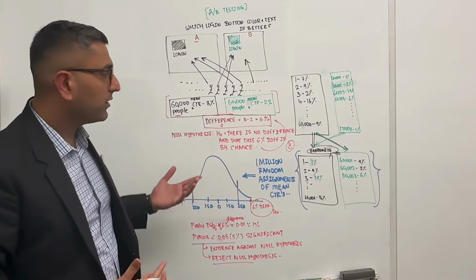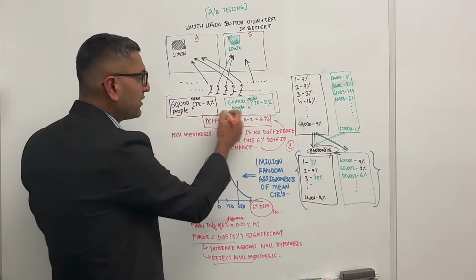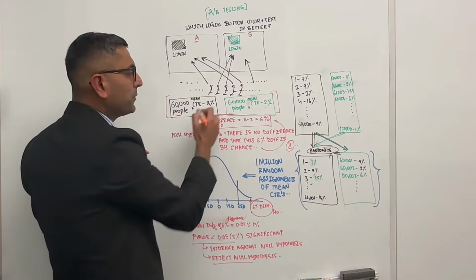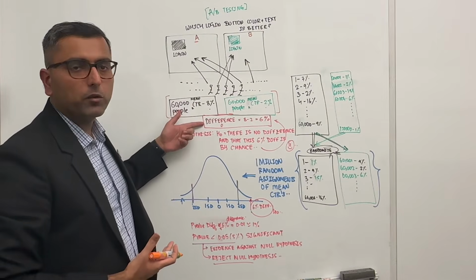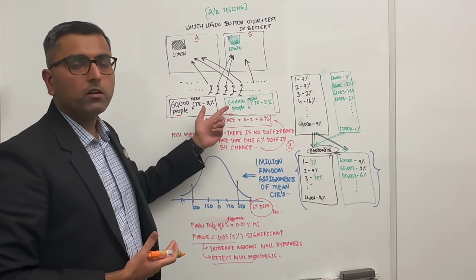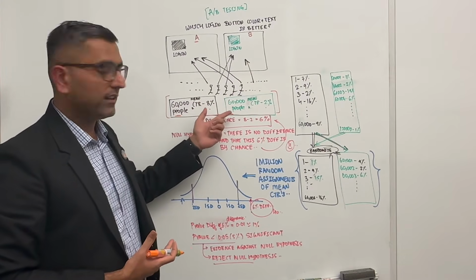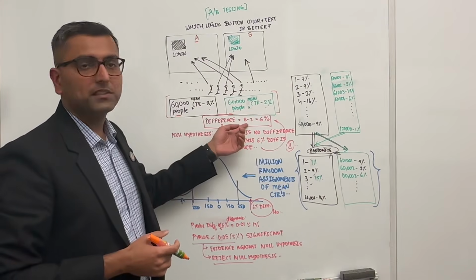It's quite possible that you run this experiment tomorrow and you get these numbers reversed. You get 8% here and 2% here. So it's quite possible. The difference that we are observing between these two buckets, how do we know whether this is a causal effect, or is it just by chance that you see a 6% difference?